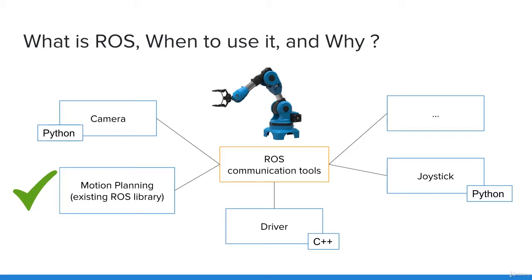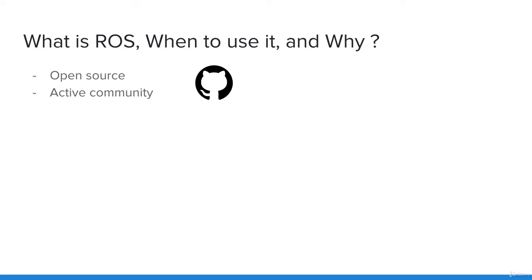We will mostly focus on the ROS basics and core functionalities that will enable you to easily start any robot application powered by ROS using Python and C++. ROS is also open source with an active and growing community. So you can directly see what's going on, you can get help, share your project, and even contribute if you wish to.